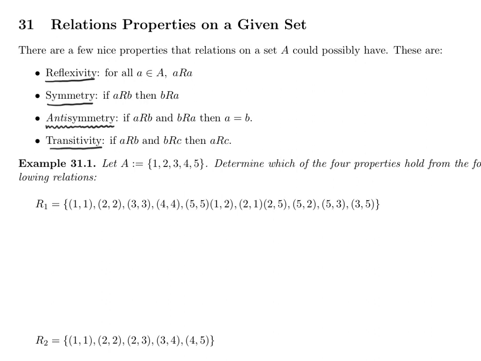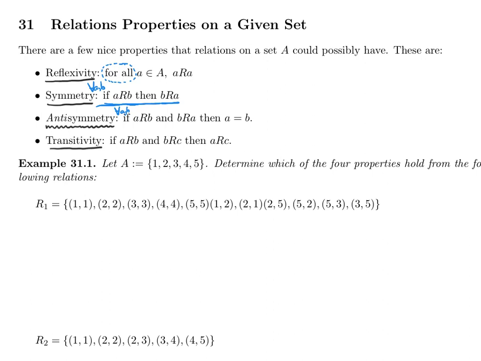The first thing I want to point out about these properties is that this is indeed a universally quantified thing for all of these. Remember that if you have an if-then statement with some variables involved, it's given that these are universally quantified.